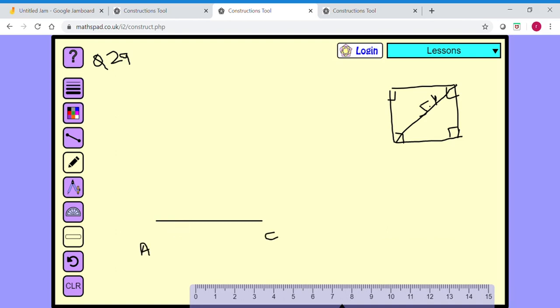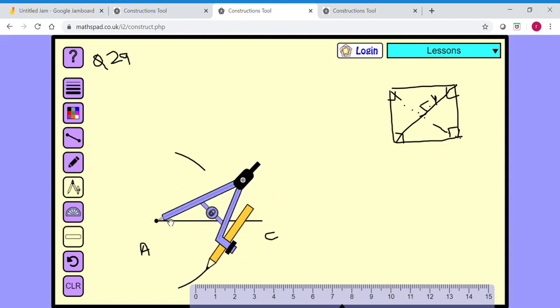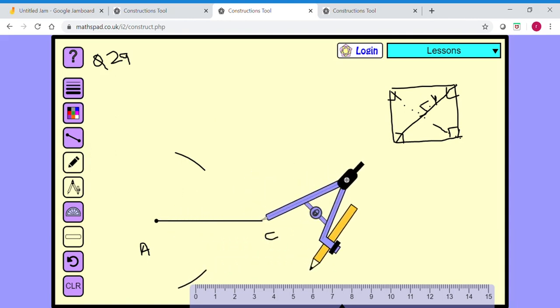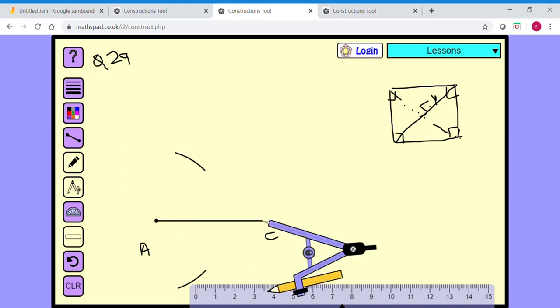Next, I need to create the perpendicular bisector. For doing that, I will need to open my compass more than half, keep it at A, cut an arc somewhere here, without changing the span, cut an arc on the opposite side as well, keep it at C, and cut the first arc.